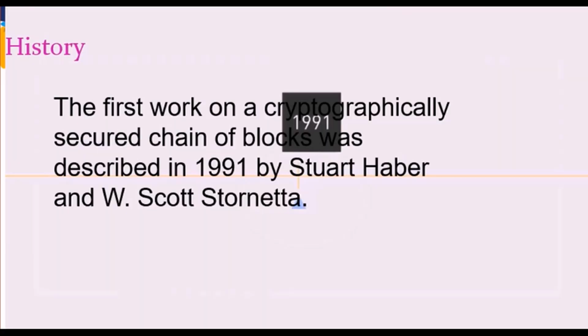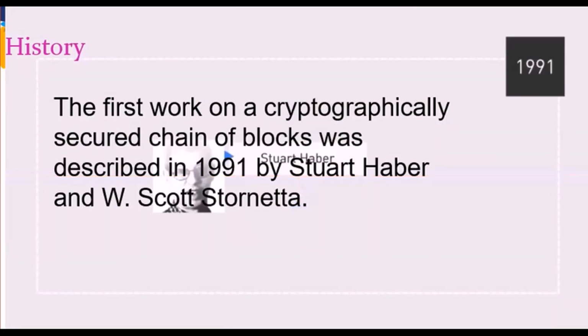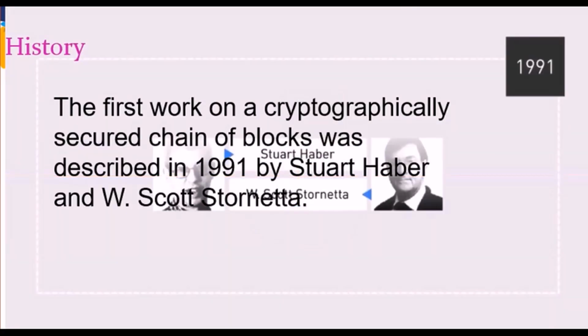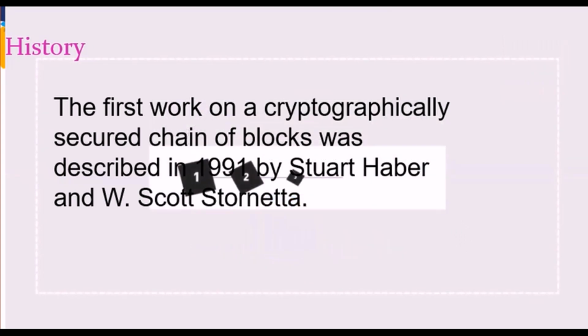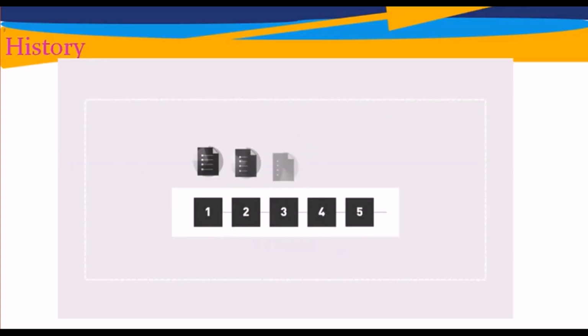History of blockchain. The first work on a cryptographically secured chain of blocks was described in 1991 by Stuart Haber and Scott Stornetta. They wanted to implement a system where document timestamps could not be tampered with.